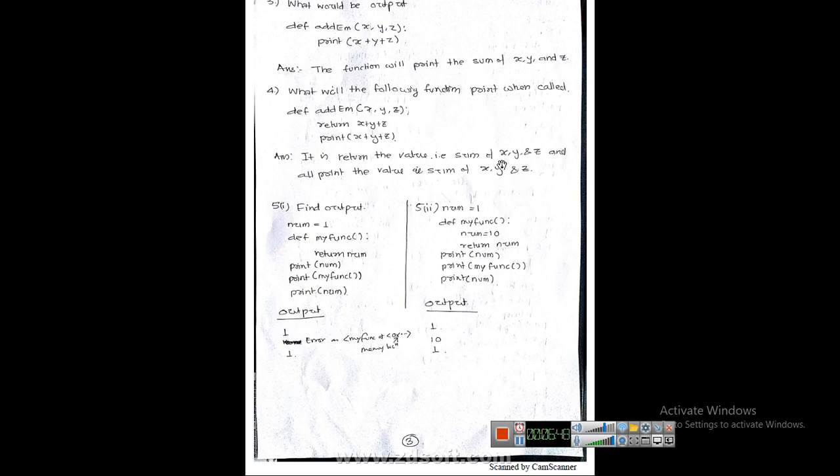Okay, now we'll move on to the next one. What would be the output of this particular code? Suppose in a particular program there are many functions, and a part of a function goes like this: add x, y, z, print of x plus y plus z.